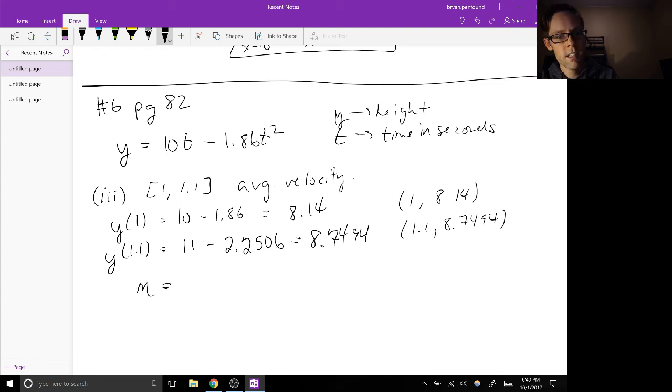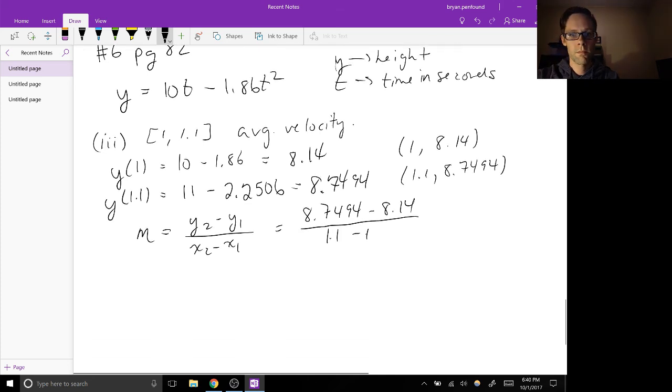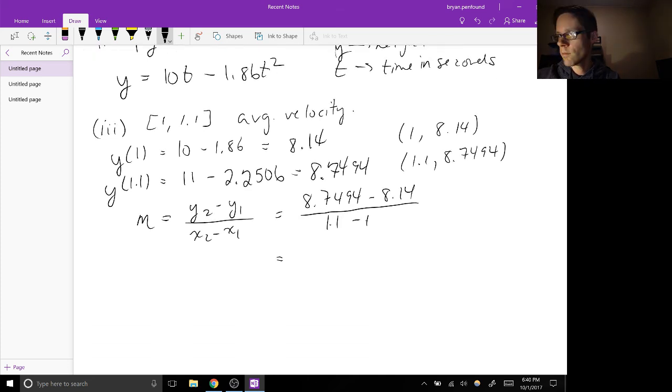So let's calculate the slope of this secant line. It's y2 minus y1 over x2 minus x1, my difference of y's divided by my difference of x's. In the numerator I get 0.6094, and in the denominator we should get 0.1.